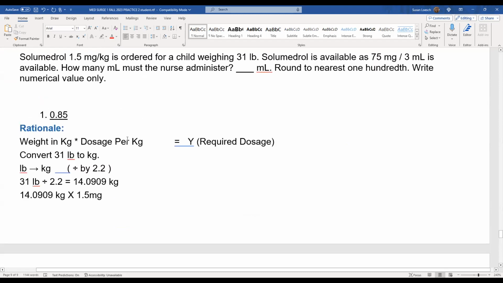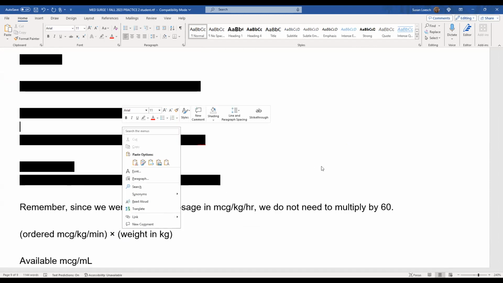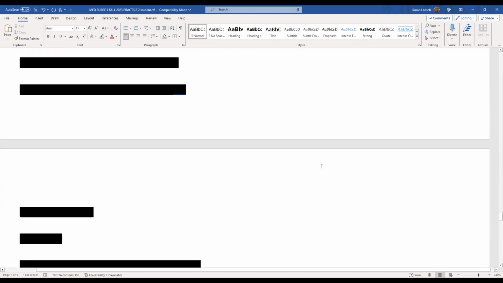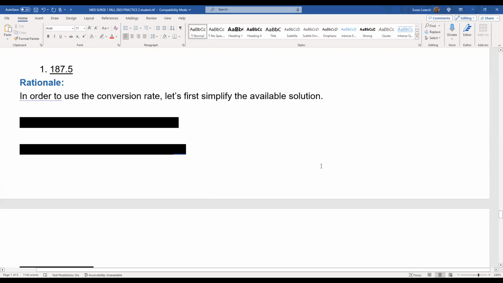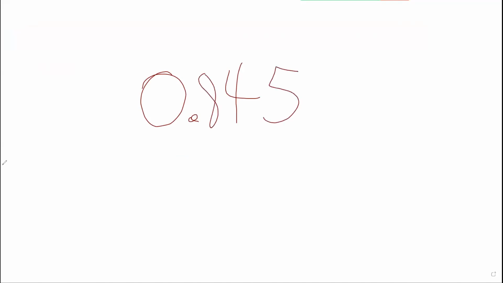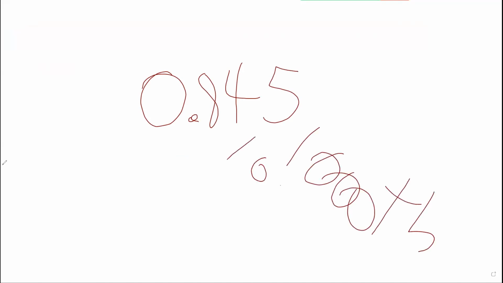All right, so anybody not get that answer? 0.85. I mean, you guys got the answer, you just didn't round it correctly. Anybody have a problem with that? So just remember when you're rounding, okay? There are times when we do have to round it to the nearest hundredth. This is thousandths. Hundredths.